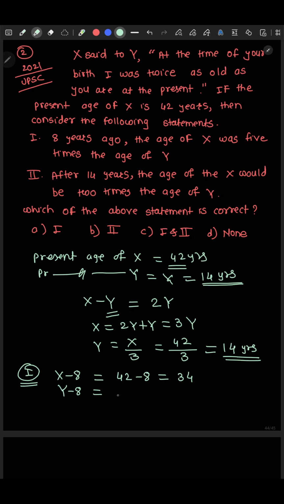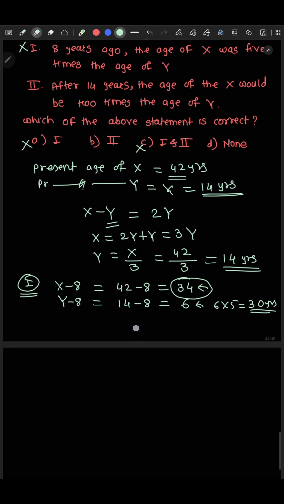So 14 minus 8, and that is equal to 6, right? And it is saying that X was 5 times the age of Y. Now see, the X age 8 years before is 34. It is saying 5 times, right? So 6 into 5 is 30 years, right? But here it is 34. That means the first statement is wrong. That means we can eliminate option A and option C.